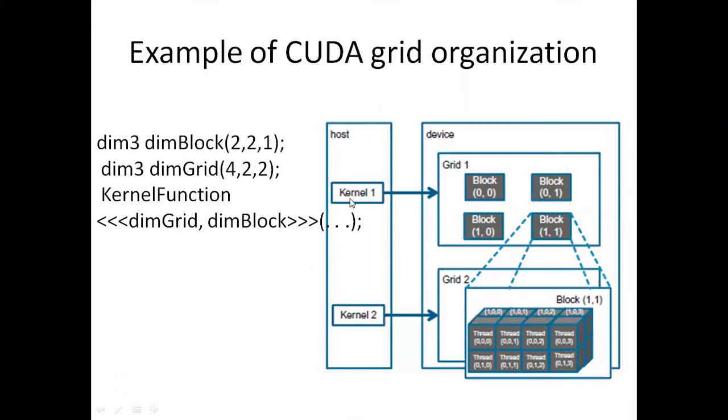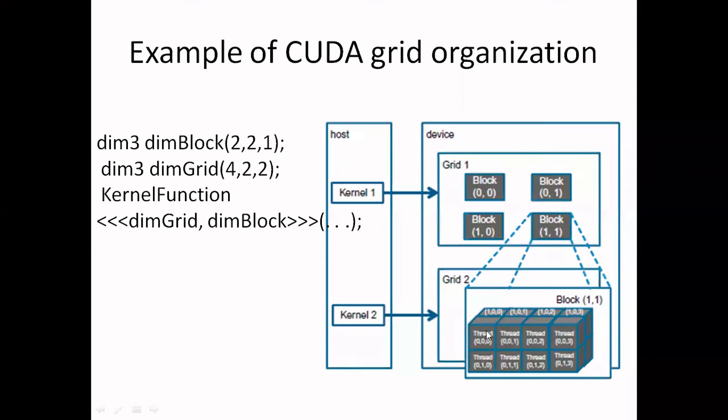Okay. So for each kernel launch, you are specifying that you want this many blocks. How many blocks? 2, 2, so 4 blocks you want. And what should be the dimension of a block? It should be 4, 2, 2.